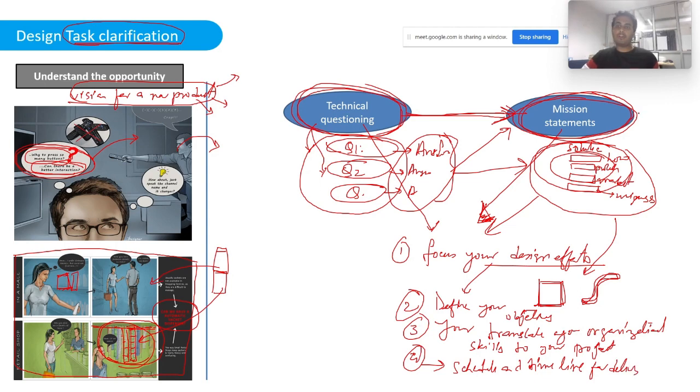All this is possible only when you have clarity on your design, what you are going to develop, and what its features will be. All this will be defined by your mission statement. So it defines your product.